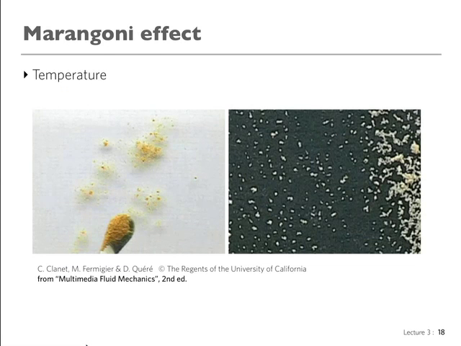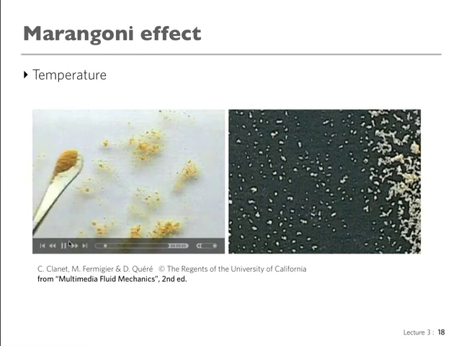Let's see a couple of examples. On the left, let me pause it. What is going to be seen on the left is a layer of an oil type material and some little powdery material is being sprinkled on the surface just so that you can see the motion. And then a little soldering bar is approached to the surface, so it heats that oil locally.